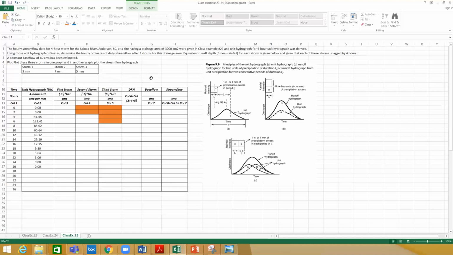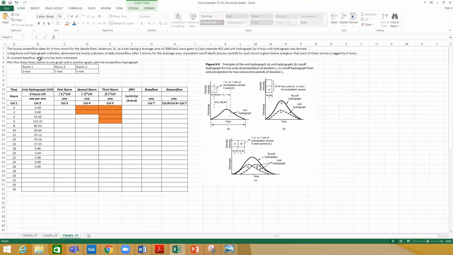Okay, it's the same data set and we are using the same unit hydrograph, so we don't have to read the very first line. Let's read the second line, what we have to do for this class example 25. Using those unit hydrograph ordinates, determine the hourly ordinates of daily streamflow after 3 storms for this drainage area. Equivalent runoff depth is one for the unit hydrograph, but each storm has a different one, as given below, and each of these storms is lagged by 4 hours, just like the previous class example.